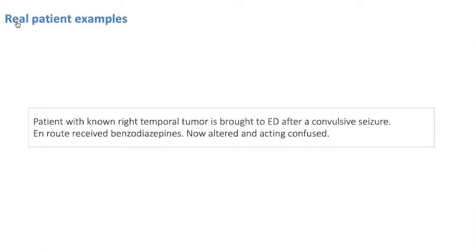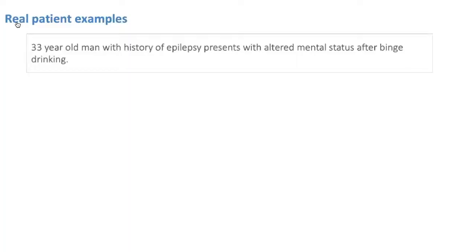Okay. Let's get an EEG. Okay, got it. Now, case two, I'm going to show the EEGs in a second, and then we can review it. How about case two? What could this be? A 33-year-old man with a history of epilepsy. He has primary generalized epilepsy, and he presents with altered mental status after binge drinking.